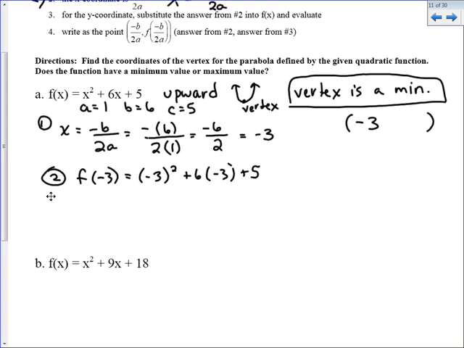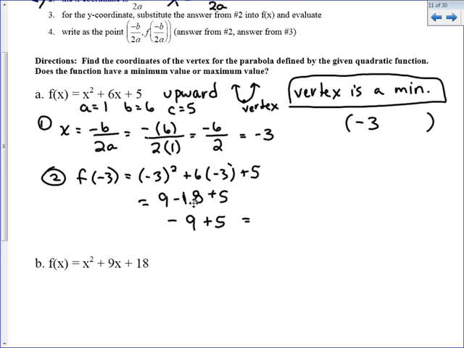So if I work this out, I have negative 3 squared is 9, minus 18 plus 5. Negative 9 plus 5. Just a note, this came up a lot on your test. You can't do 18 plus 5 and then subtract the whole thing because there's not parentheses there.